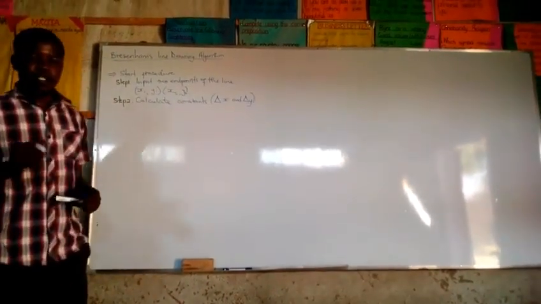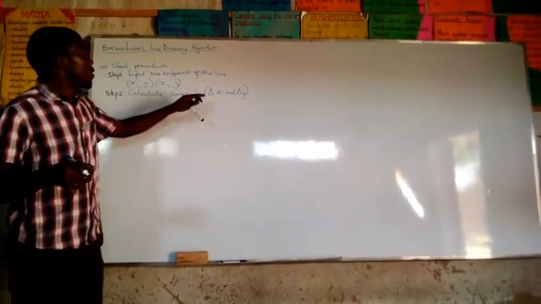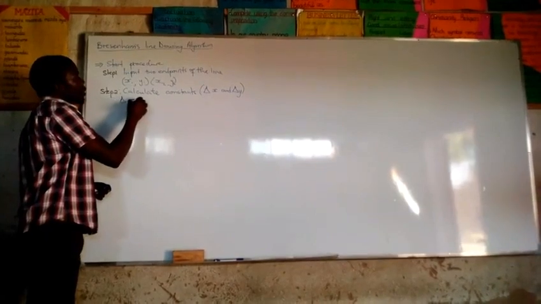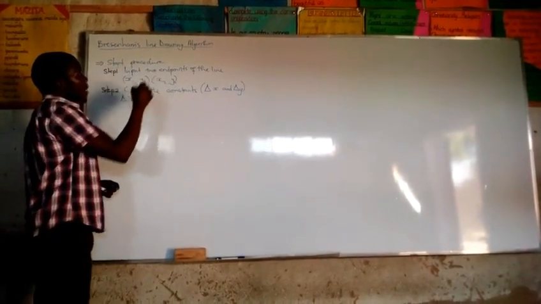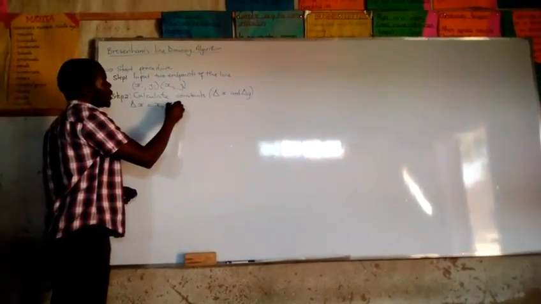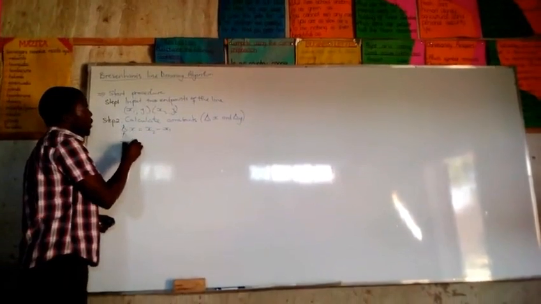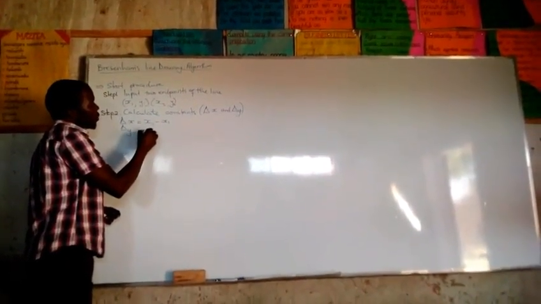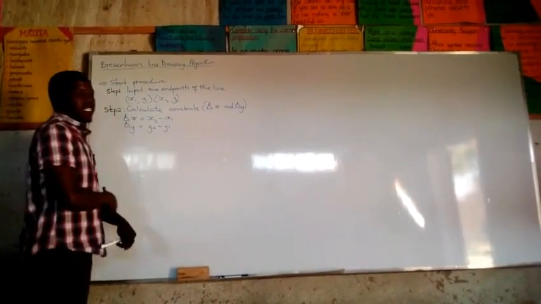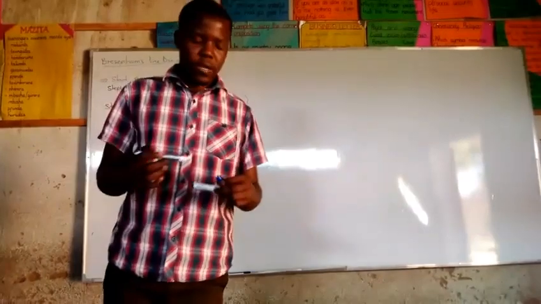These are our constants. To calculate these constants, delta x is calculated by subtracting x1 from x2, that is x2 minus x1. Delta y is calculated by subtracting y1 from y2, that is y2 minus y1. That's how we calculate the constants delta x and delta y.